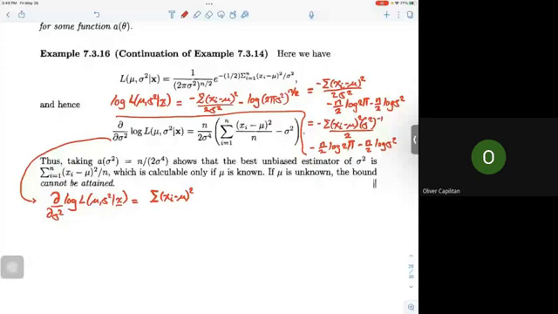So we're going to factor out n over 2 sigma square squared. What remains, our first term, we have here the summation of x i minus mu quantity square divided by n.